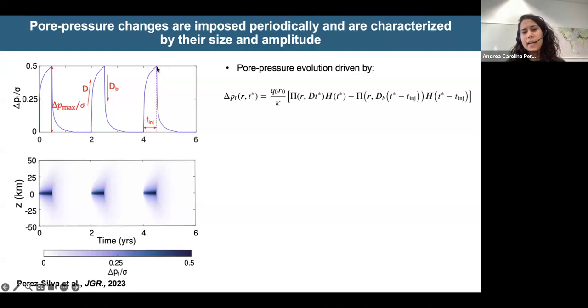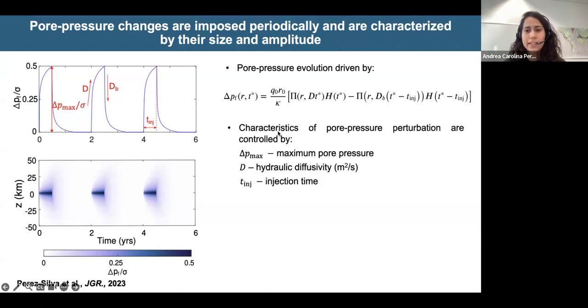We prescribe a maximum amplitude of the pore pressure perturbation with respect to the background effective stress, and fluids diffuse with a diffusivity D and diffuse away with a larger diffusivity D_B. So we assume that fluid pressure increases and then decreases, and these occur periodically.